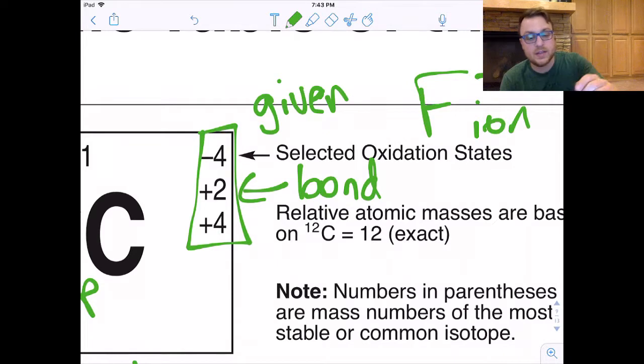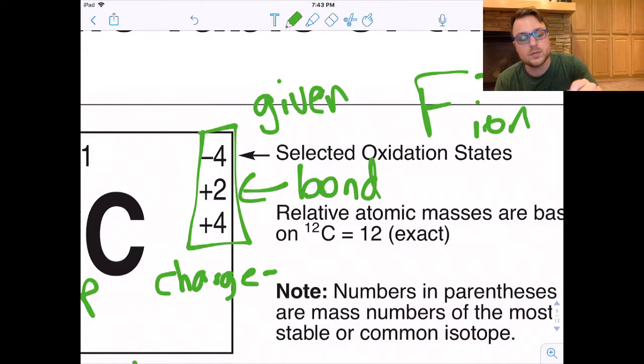But the charge, whatever it is, is based on how many electrons you have. If you have a negative charge, that means you have more electrons than protons.